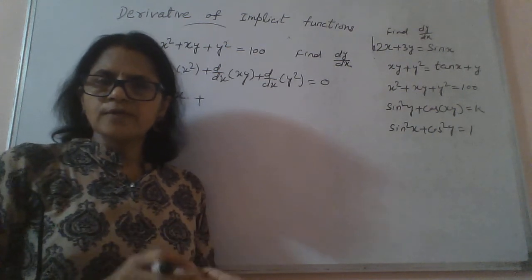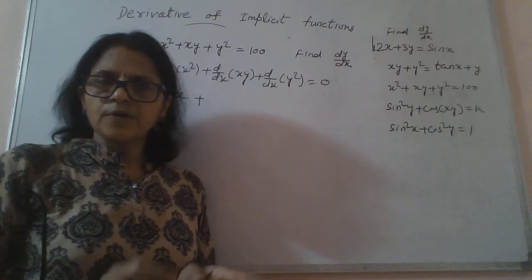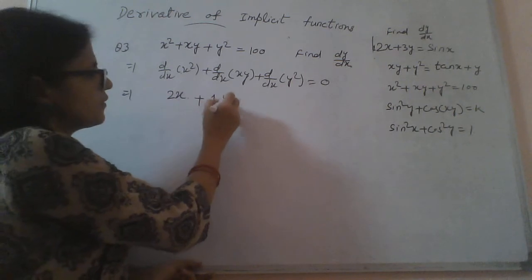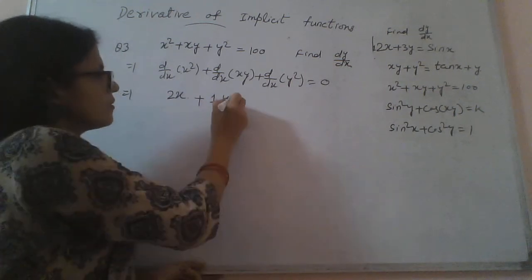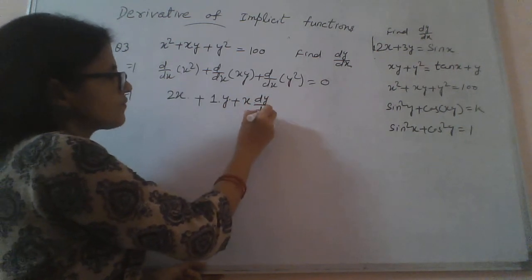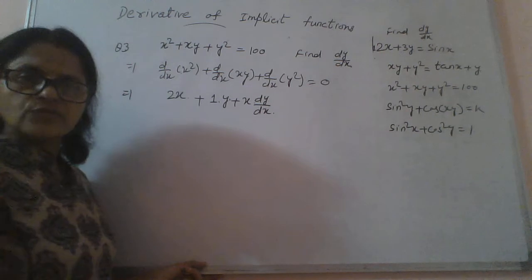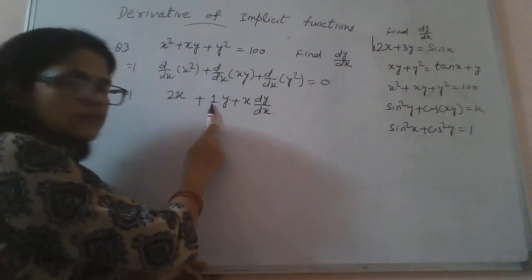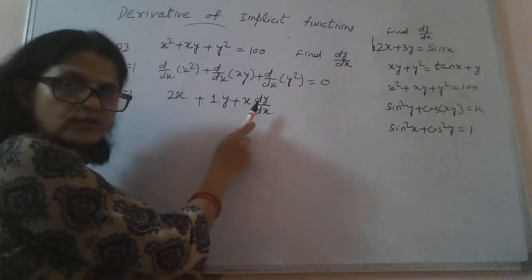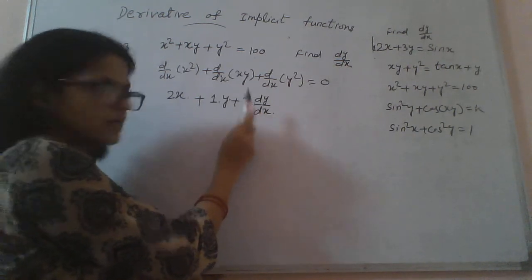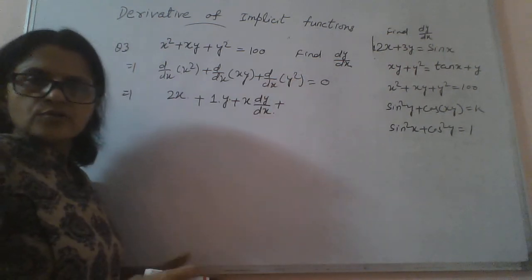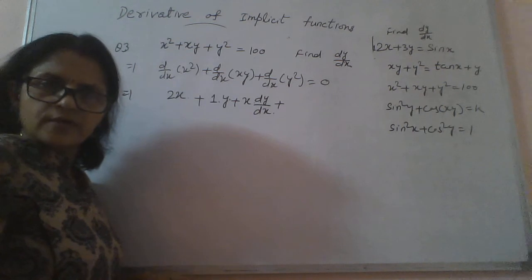Whenever you have x into y, you have to apply the product rule of differentiation. So derivative of first function into second function free plus first function free into derivative of second function, plus d by dx of y square. So y square is a function of y, right?